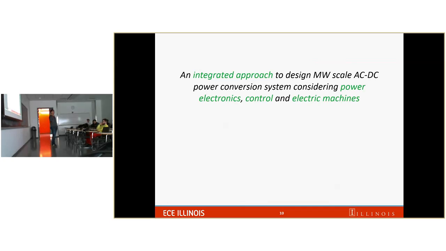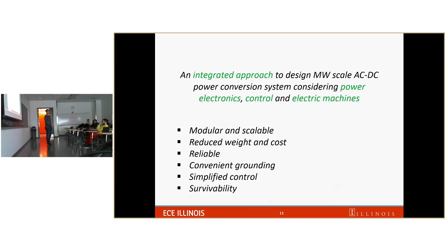I will look into an integrated approach to design a megawatt scale AC to DC power conversion system, considering multiple aspects, including power electronics, control, and also electric machine design. The requirement I'm targeting is that it needs to be modular and scalable, because I want to adapt it to multiple power levels.